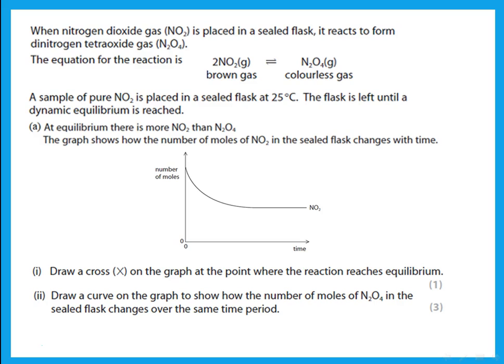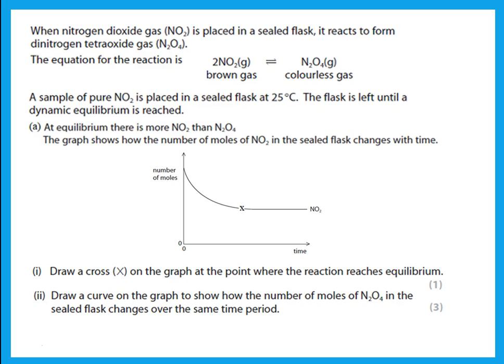So he's saying draw a cross on the graph at the point where the reaction reaches equilibrium. You should realize that the reaction reaches equilibrium at the point where it is no longer changing the amount of NO2. Now draw a curve on the graph to show how the number of moles of N2O4 changes. He is telling me that at the beginning I didn't have any N2O4.